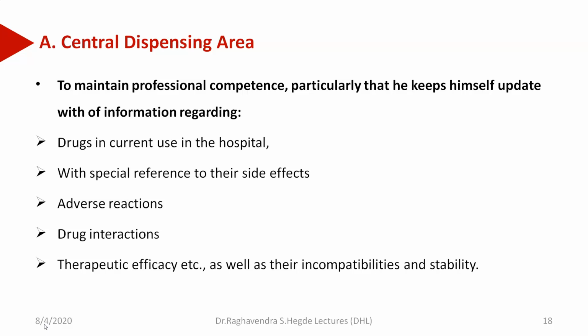So you are telling all those things, whether they may be small side effects or adverse effects. So you are preventing all those unwanted effects. You are minimizing them as far as possible, and you are increasing the therapeutic efficacy of the drug product. You are overcoming all the incompatibilities. You are increasing the stability of the drug by proper storage conditions.